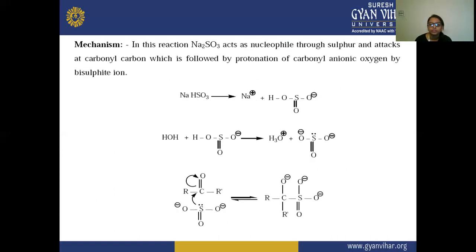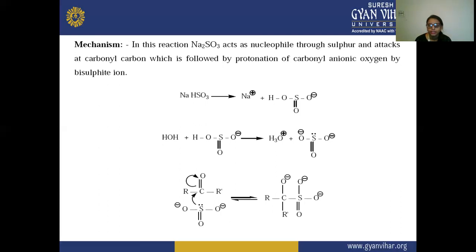Now the mechanism of this reaction with sodium hydrogen bisulfite. In this reaction, NaHSO3 acts as a nucleophile through sulfur and attacks the carbonyl carbon, followed by protonation of the carbonyl anionic oxygen by the bisulfite ion.